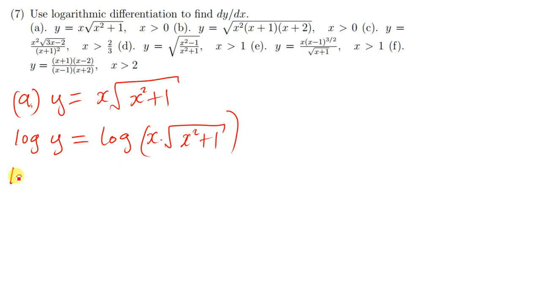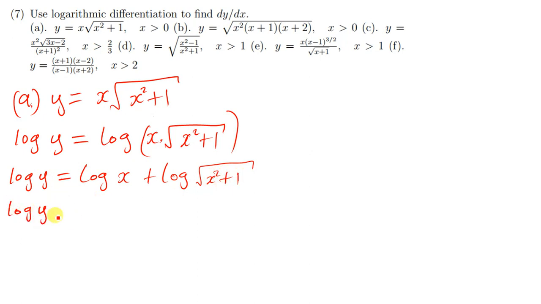On the left here we have log y is equal to, and then on this other side we're going to have log x. Because we're multiplying there, we're going to say plus log square root of x squared plus 1. This side we still have log y. We've not yet started differentiating, we're just simplifying. So this is just log x.